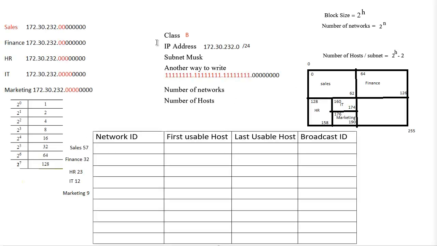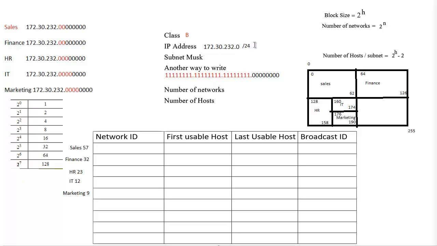Assume that the network administrator gave you this IP address with this CIDR notation and asks you to create 5 subnets for 5 different departments. These are sales 57, finance 32, HR 23, IT 12 and marketing 9 devices.